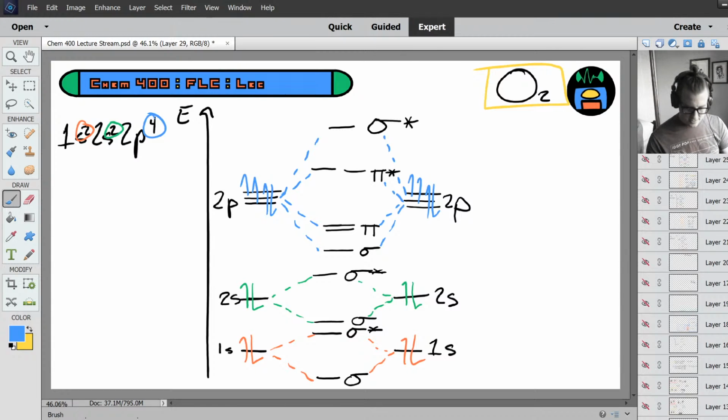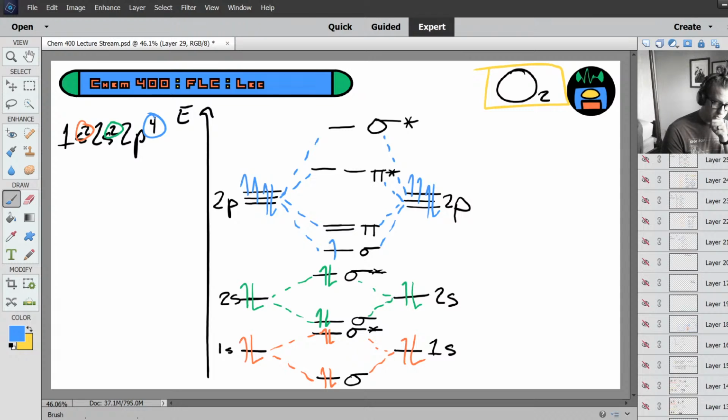All right, let's take a look. We've already mixed our orbitals, so we're going to house our 4 1s electrons in our sigma and our sigma star. Next, we house our 4 2s electrons in our sigma and our sigma star. Now, for our 2p electrons, we have 4, but we've got 2 oxygens, so a total of 8 electrons to house.